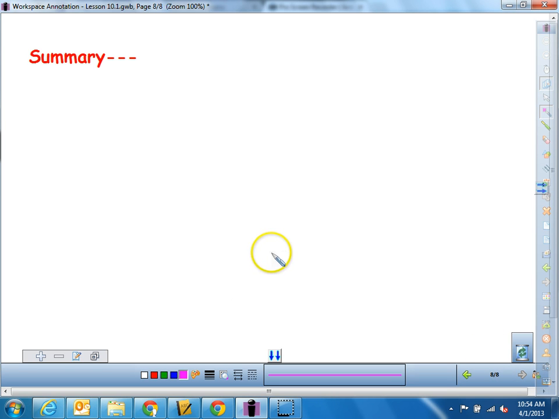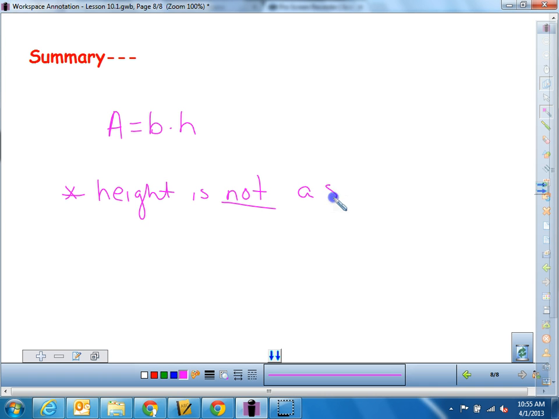So to summarize what we've done, to find the area of a parallelogram, we're still using our same formula, base times height. We need to remember our height is not a side for a parallelogram.